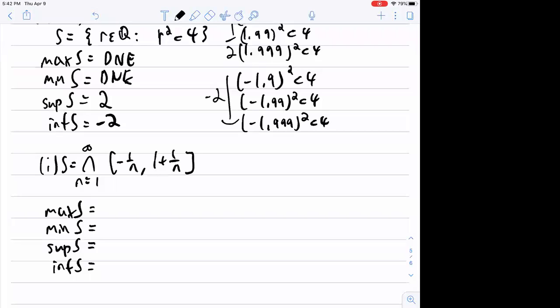Remember, we're intersecting. So let's do an example, choosing -1/4. What about n equals 5? When n is 5, it's this interval, right? Does everyone agree? Does this interval have -1/4?